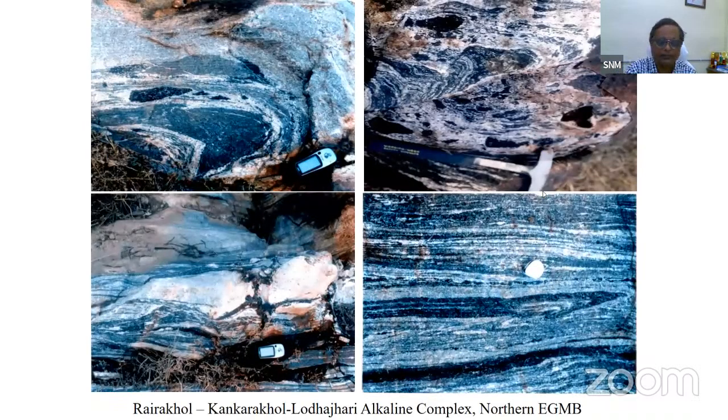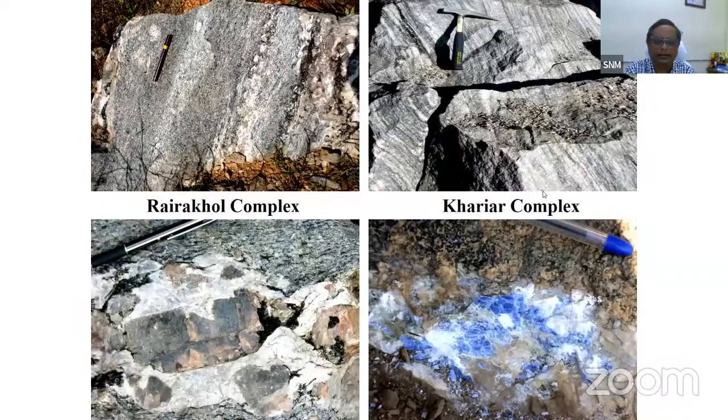These are some of the alkaline silicate nepheline syenite rocks in the Raidakol and Kokodakol Ladajari alkaline complex. You can see here, these are all deformed alkaline complexes, and this is some from Korea.